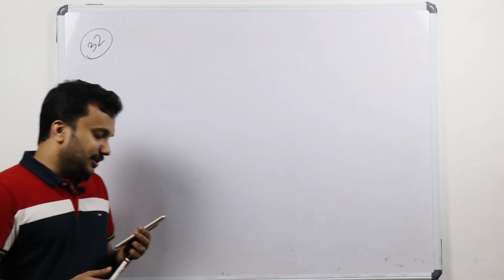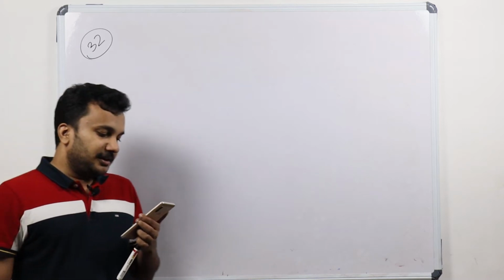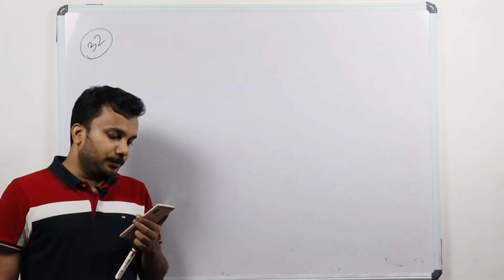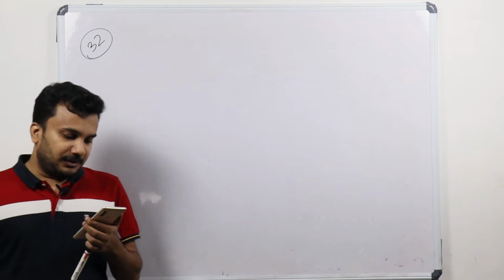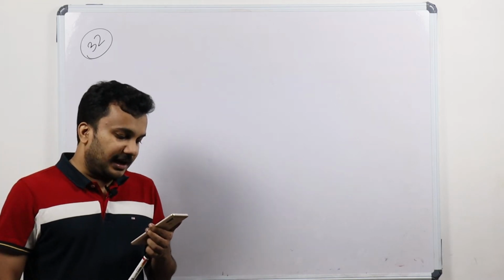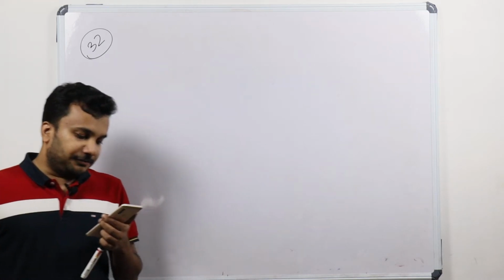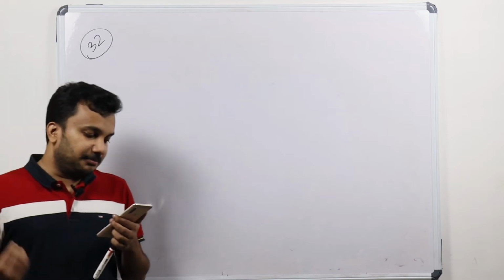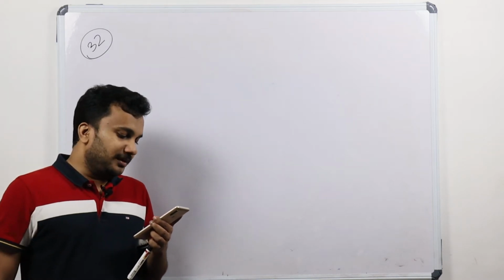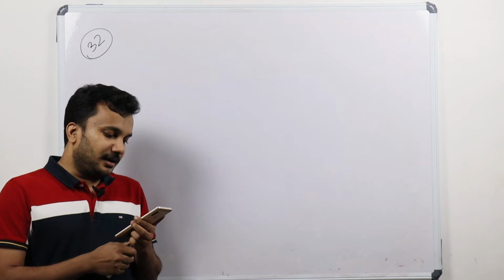Let's read the question. The mass of a liquid flowing per second per unit area of cross section of the tube is proportional to pressure difference across the tube and average velocity of the liquid raised to n and m respectively. Which of the following relations between m and n are correct?